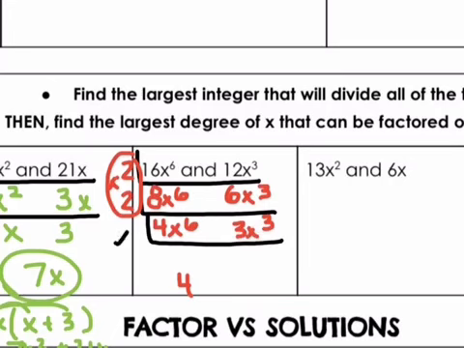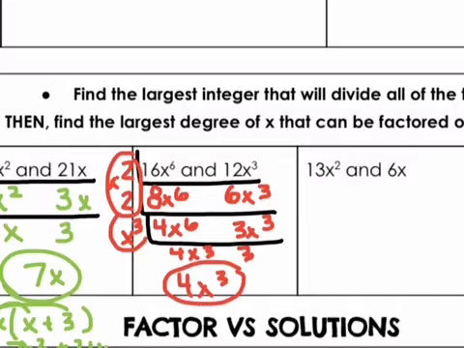So we're going to take out x to the 3rd, which would leave us with 4x to the 3rd and just 3 because we took all 3 of those x's out. So your GCF is 4x cubed, or 4x to the 3rd.